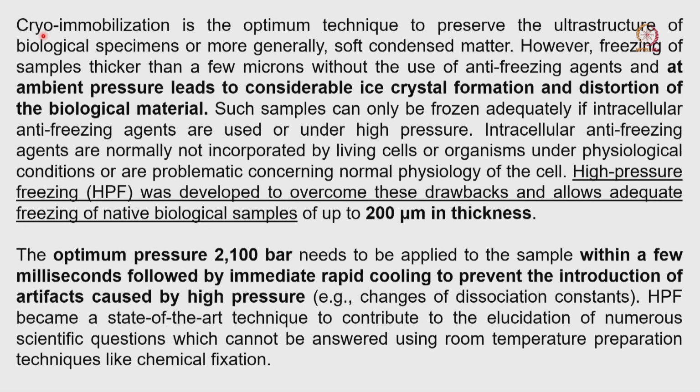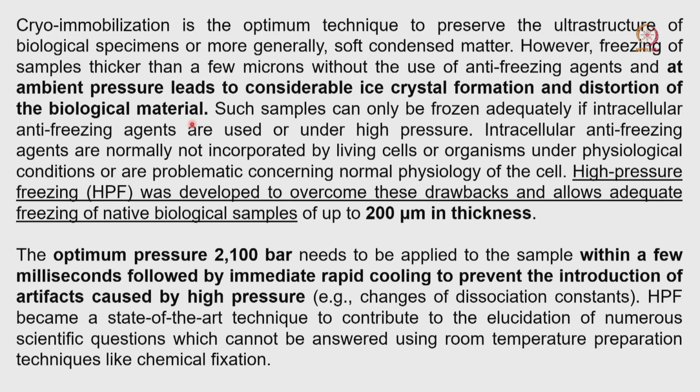Cryo immobilization is the optimum technique to preserve the ultrastructure of a biological specimen, or more generally soft condensed matter. However, freezing a sample thicker than a few microns, the most important term here, without an anti-freezing agent and at ambient pressure leads to considerable ice crystal formation and distortion of the biological material. What does it mean?